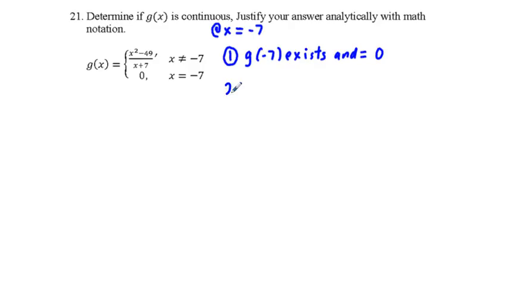Next, 2, the limit exists. To do that, we try to find the limit at negative 7.